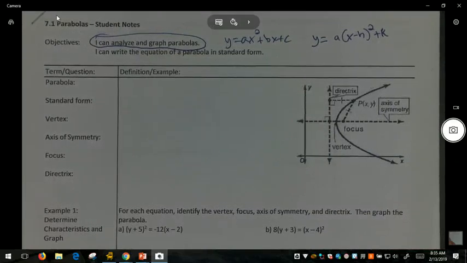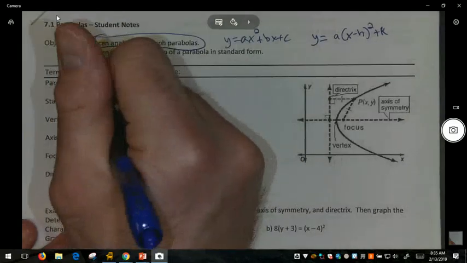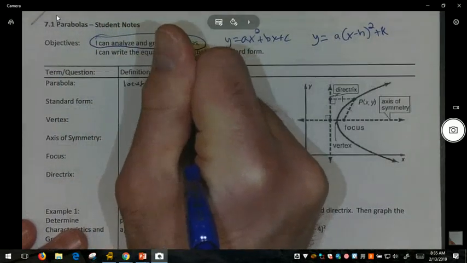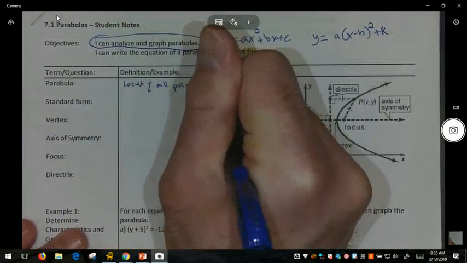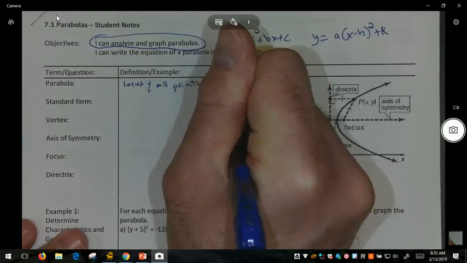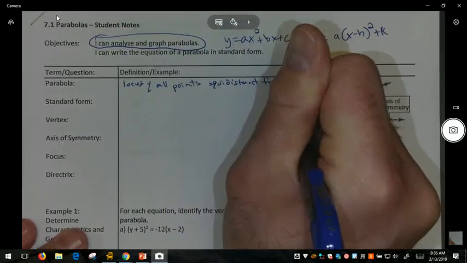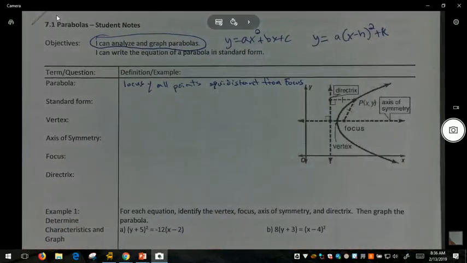So a parabola represents the locus of points in a plane that are equidistant from a fixed point called the focus. The locus of all points equidistant from the focus and a specific line called the directrix.